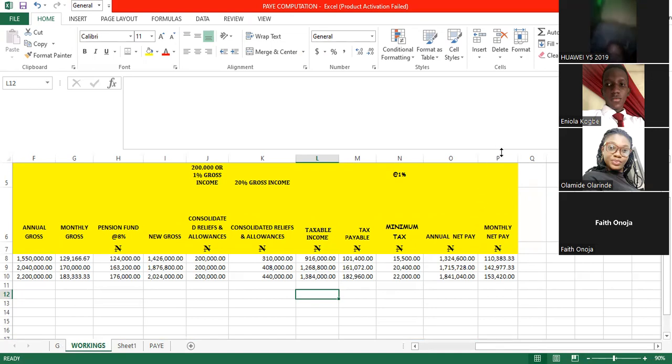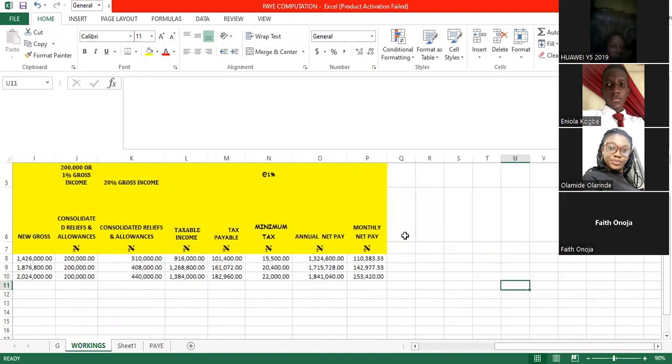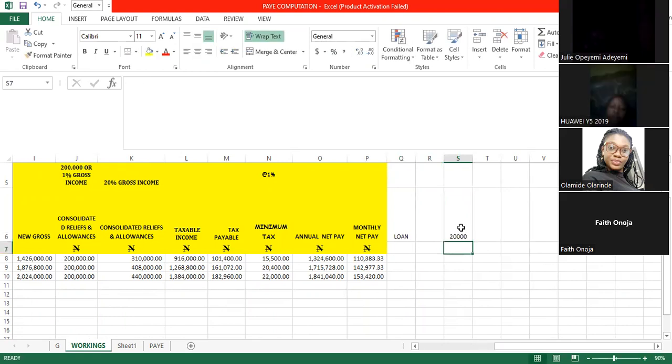Let's assume that in that particular month, this particular person has a loan payback, and the monthly loan he pays is, let's say, 20,000 every month for repayment of that loan.